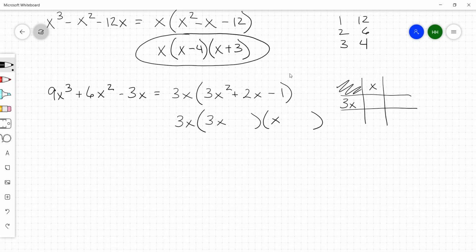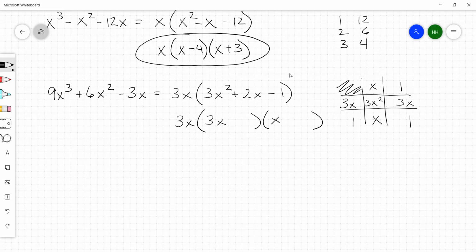We need to multiply to negative 1 at the end, so the only thing that can be at the end is a 1 and a 1. Just have to adjust the signs accordingly so that your middle term is positive 2. So if we go 3x times x, we get 3x squared. 3x times the 1 is a 3x. x times 1 is just the x, and then the 1 times 1 is 1.